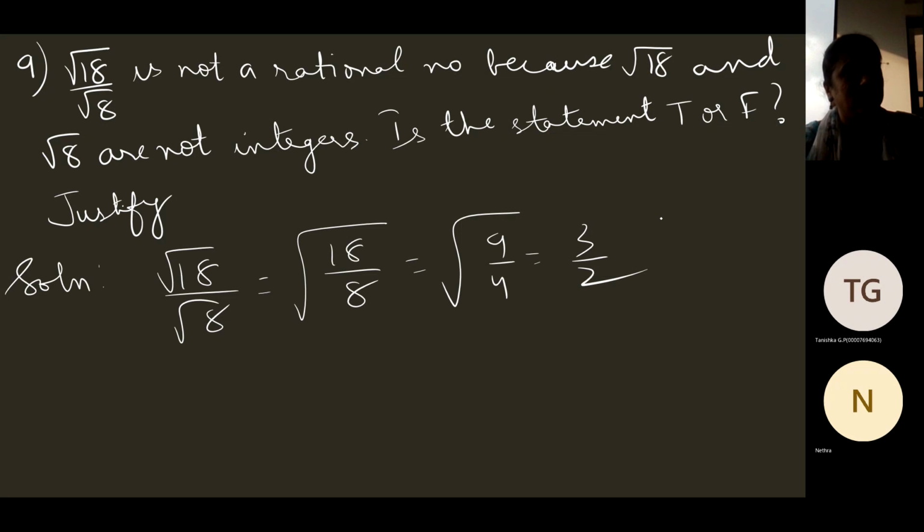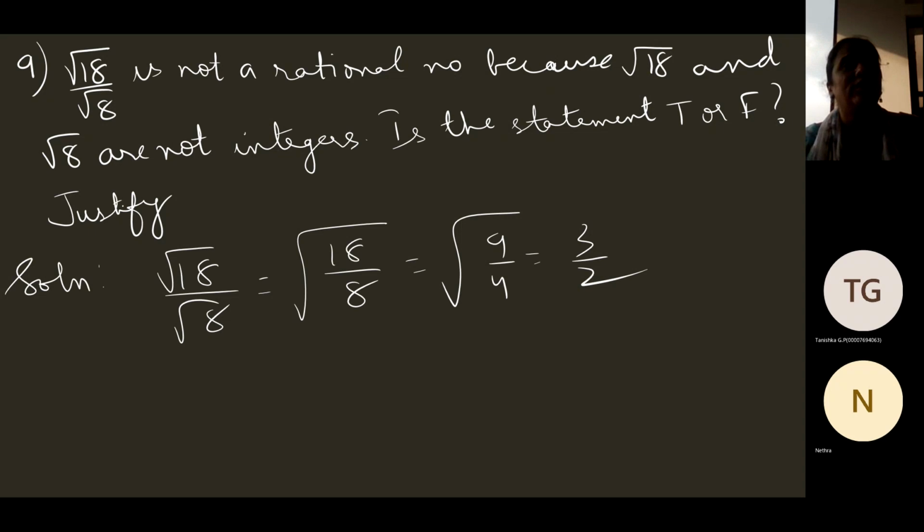Root 18 by root 8 is root of 18 by 8. See, you cannot find the square root of 18 and 8 completely. So square root of 18 by square root of 8 can be written as square root of 18 by 8.